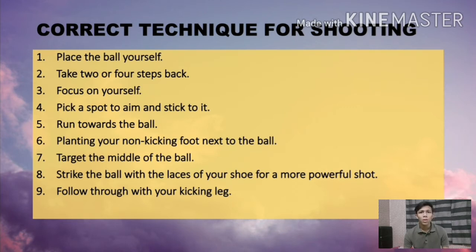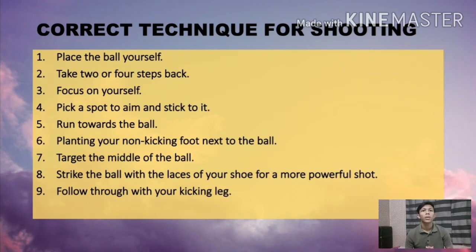So if you do it by yourself, you can check the grass if there's any rock, stick or uncomfortable condition. So you can place the ball by yourself with a good condition.